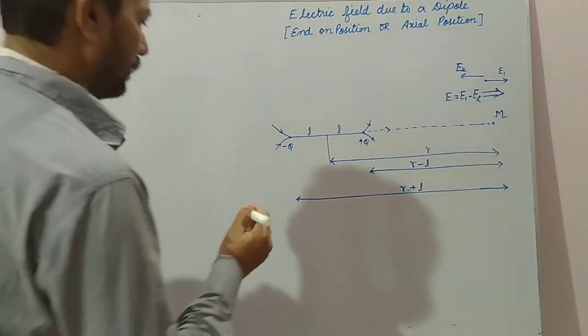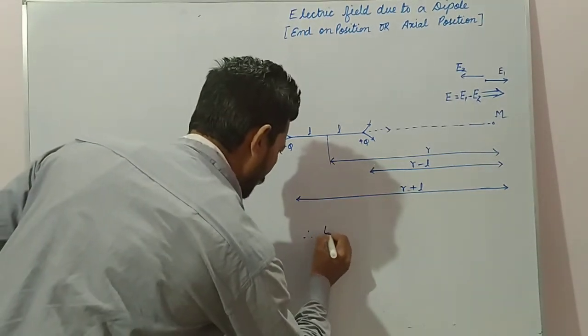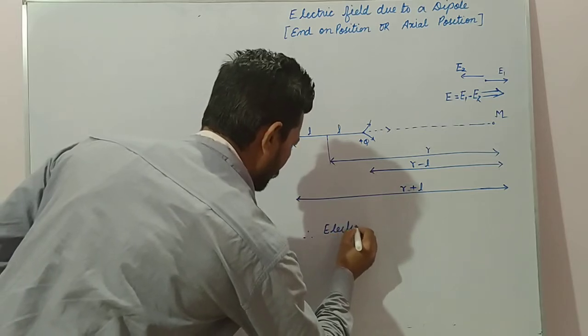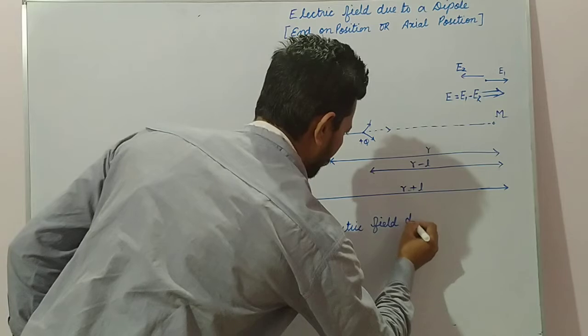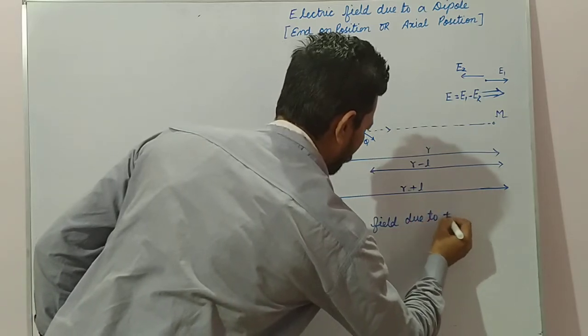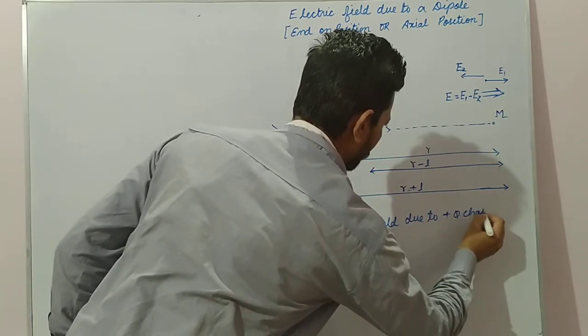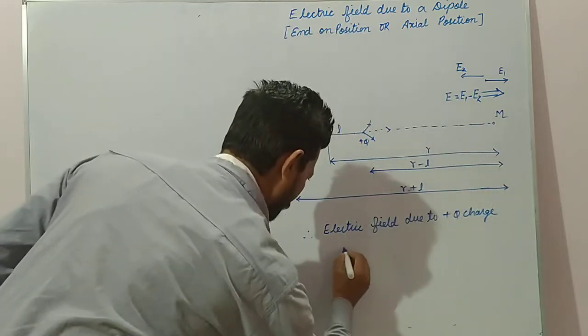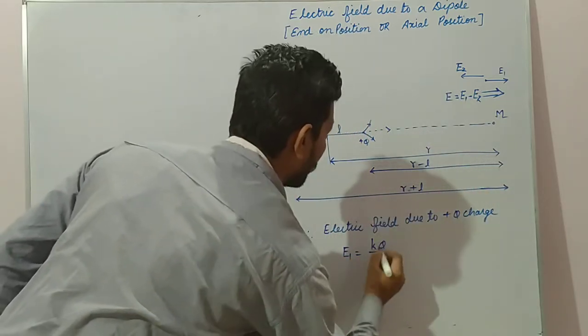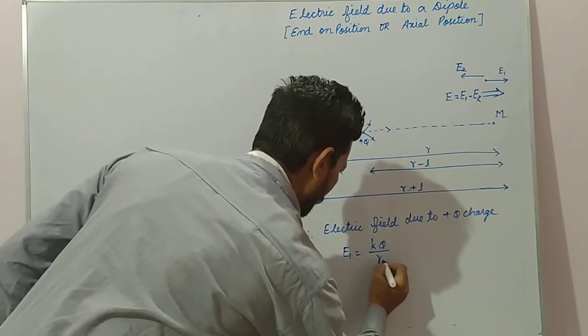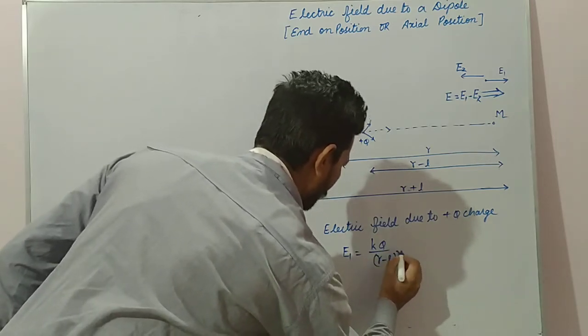After that, you write down, therefore, electric field due to plus q charge, that is E1 equal to kq by (r minus l) the whole square.